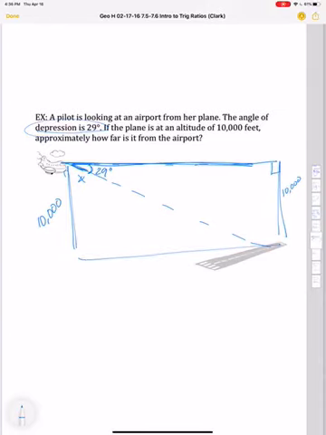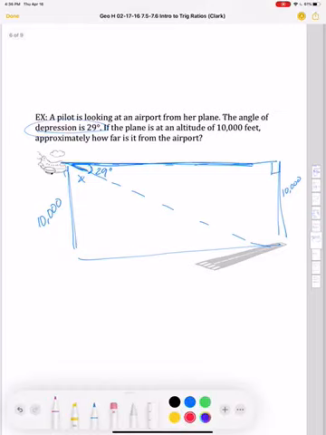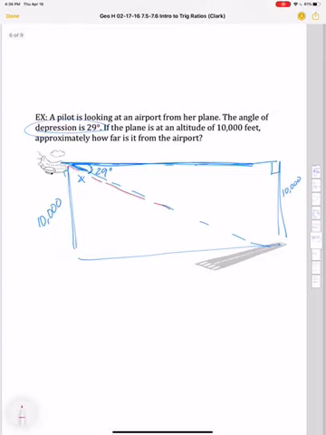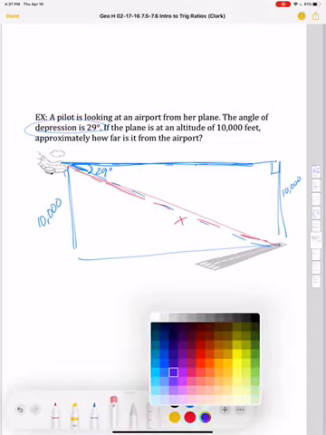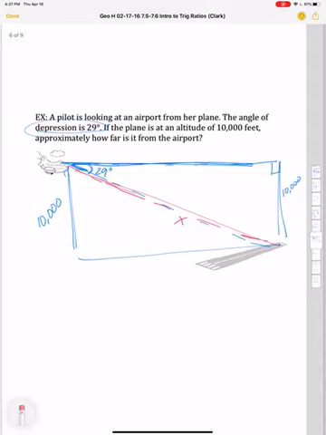Approximately how far is it from the airport? How far is the plane from the airport? So what we're trying to find is this red distance. I'll make that my x, and I'll erase this so it's not confusing. So, what is that distance?